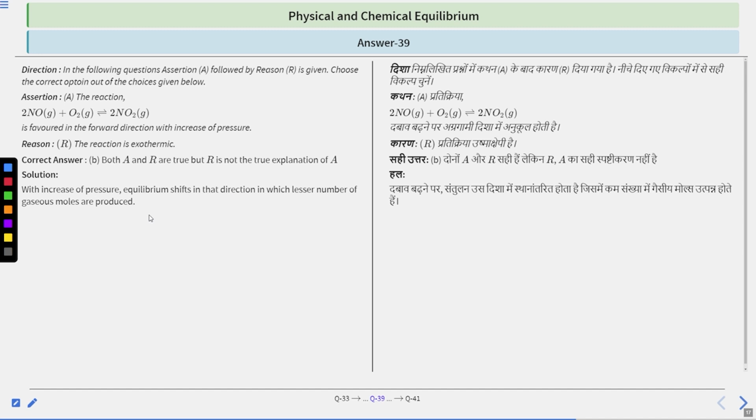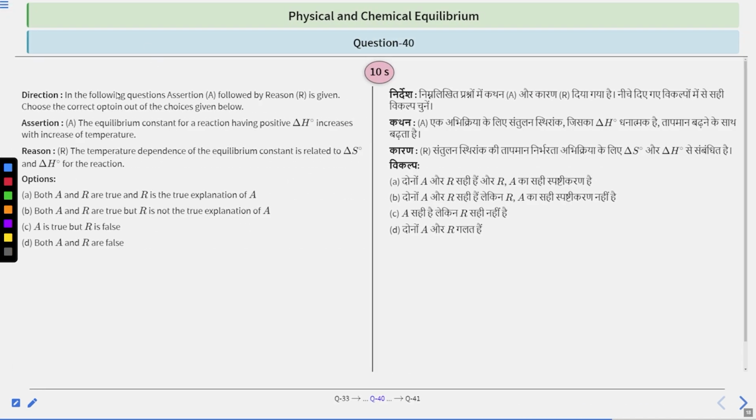Okay, let's move to the next question. Question number 40. Assertion: the equilibrium constant for a reaction having positive delta H naught increases with increase of temperature. Reason: the temperature dependence of the equilibrium constant is related to delta S naught and delta H naught for a reaction.